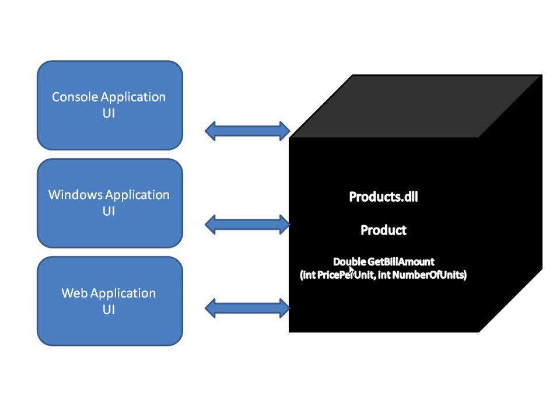It means I have the same DLL and I am reusing it in various UIs: console application, Windows application and web application. This will demonstrate the reusability of a DLL.